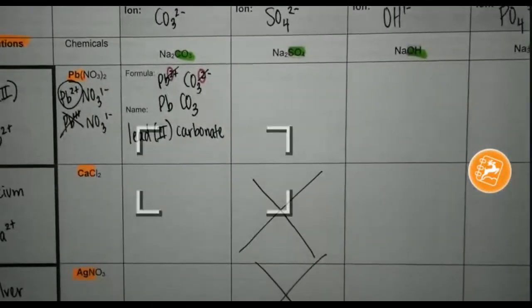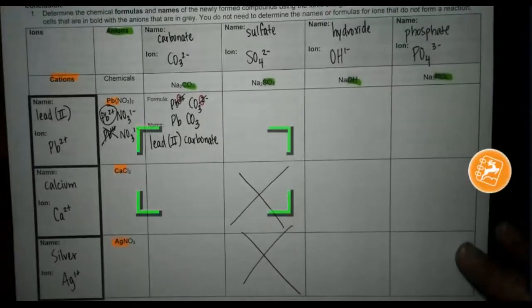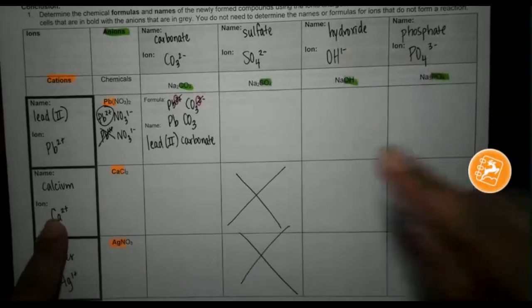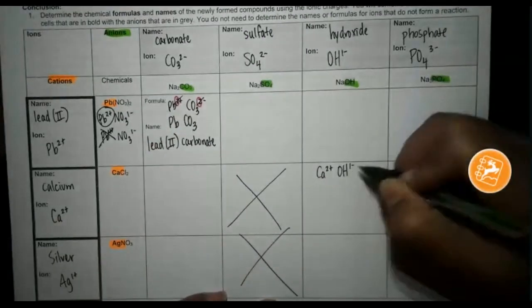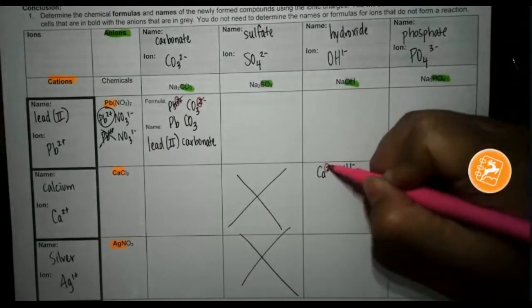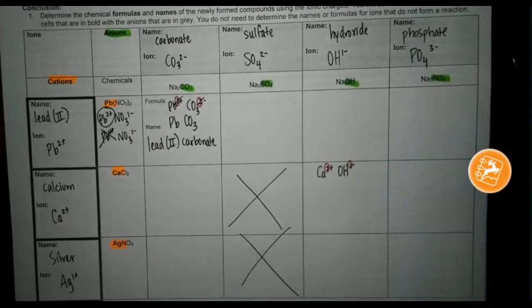I want to do another one with you. Let's go with this one here. So I'm going to combine these two. I need the formula, so I'm going to put the positive ion first, so this one, with the anion, OH 1 minus. Highlight or circle the charge, the numeric part of the charge.